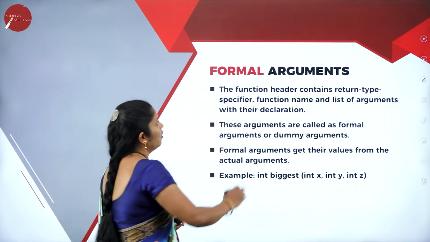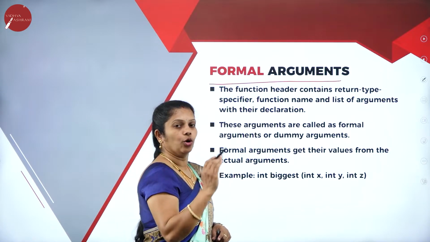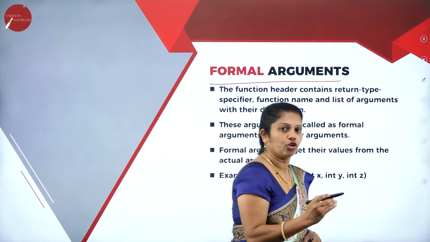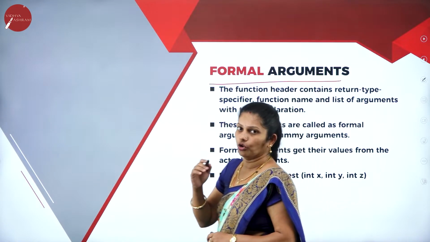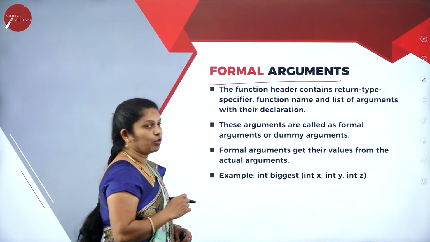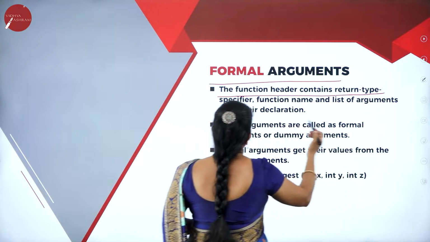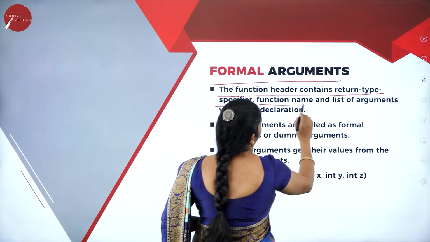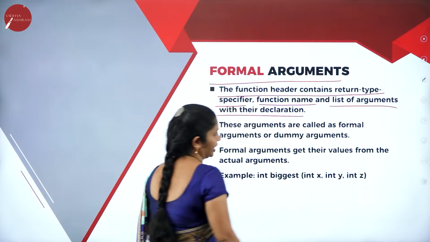Next, we'll move on to formal arguments. Already I told you, in arguments we have two types, actual arguments and formal arguments. Actual arguments are the values, variables, parameters. But when we come to formal arguments, the function header contains the return type specifier, the function name, and the list of arguments with their declaration.